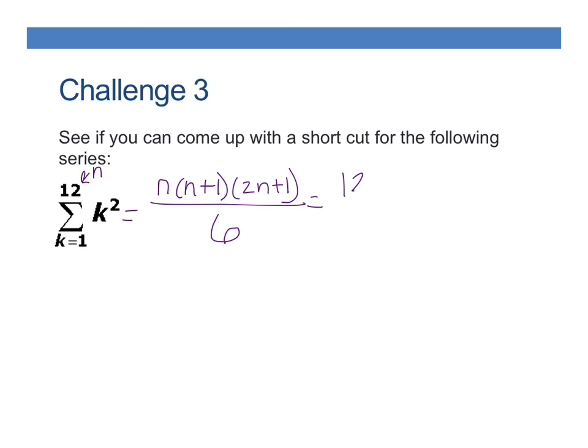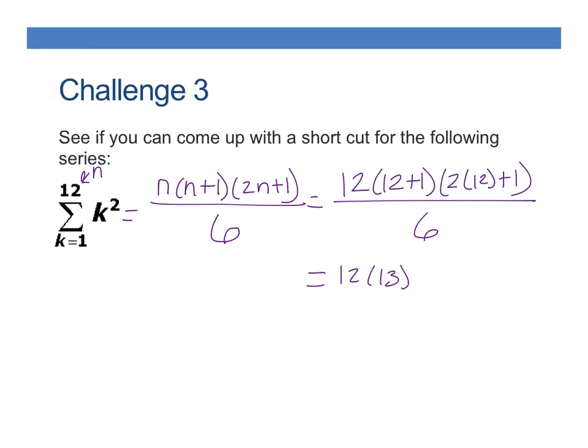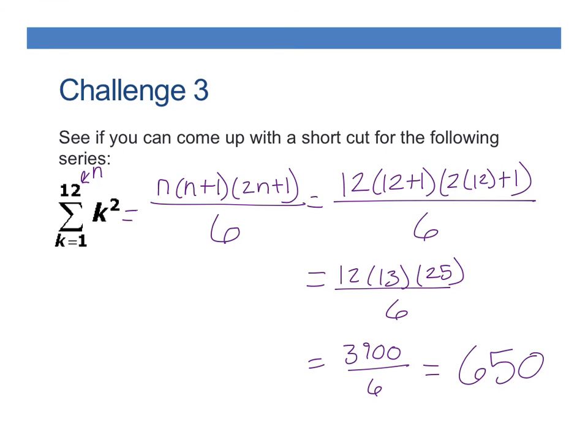So we'll have 12 times 12 plus 1 times 2 times 12 plus 1, all divided by 6, getting us 12 times 13 times 25, which is 3,900 divided by 6, which gets us 650 for our sum. Now, can you do this without knowing the formula? Yes, but it will take some time. So I suggest memorizing the formula.